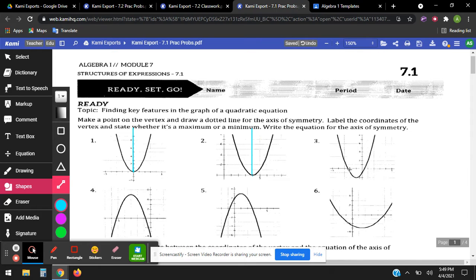Okay. And then here it looks like it's -1 on my x. So I'm going to try to match that up here.